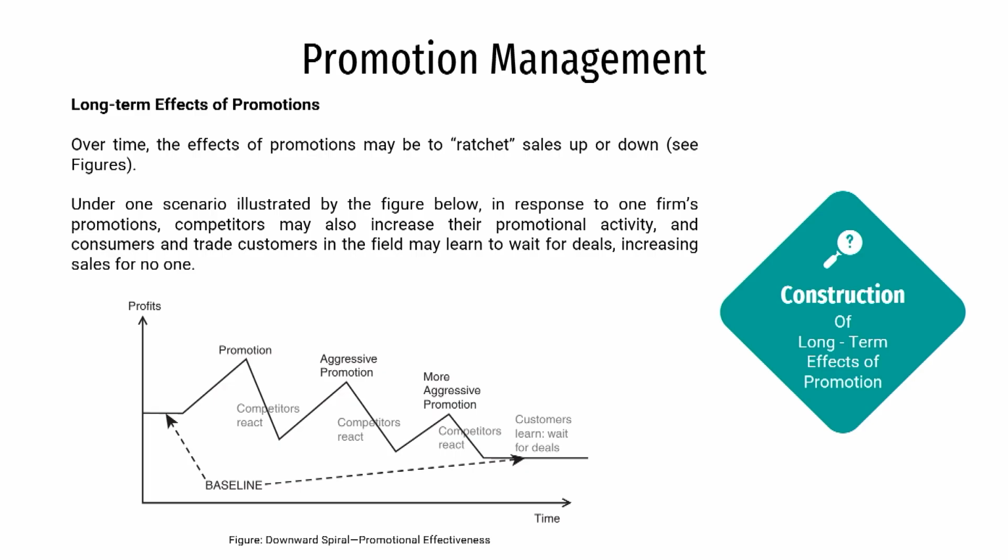And there will be a point of time where the customers will learn, they will keep waiting for the deals rather than catching hold of the first deal itself. So, if the companies repeatedly keep doing this, then they are probably in a cutthroat competition.